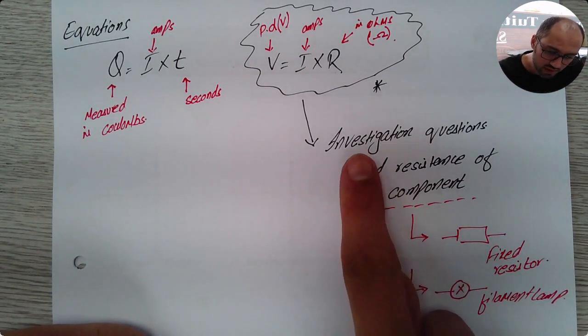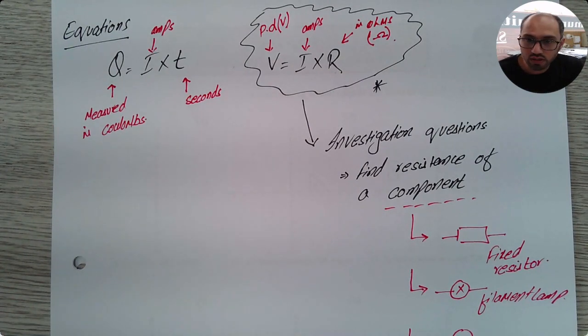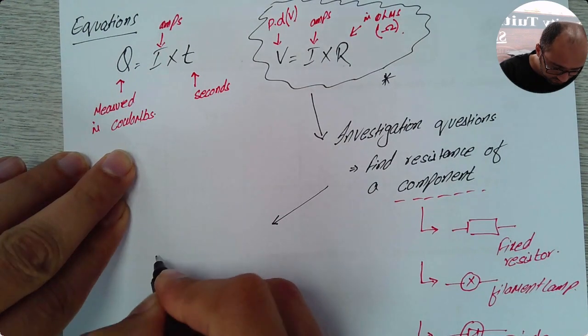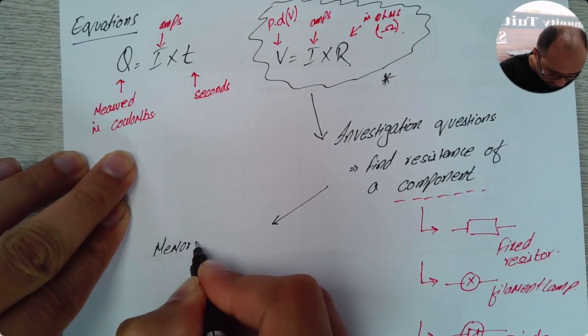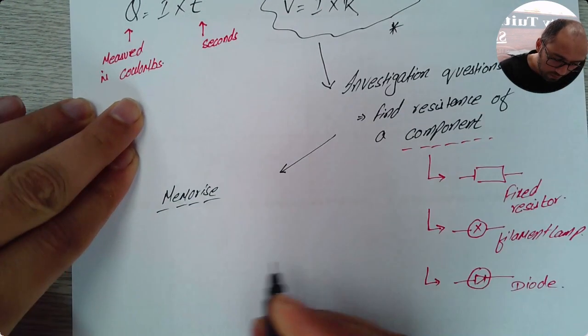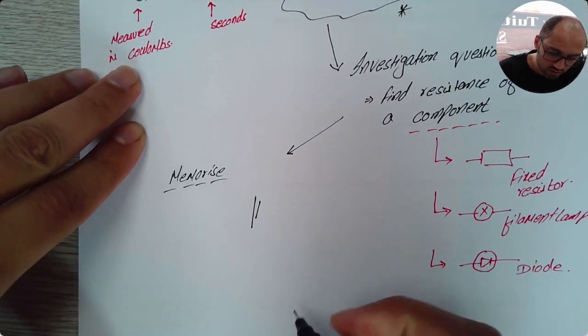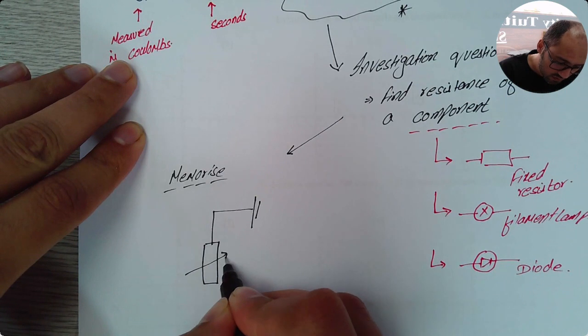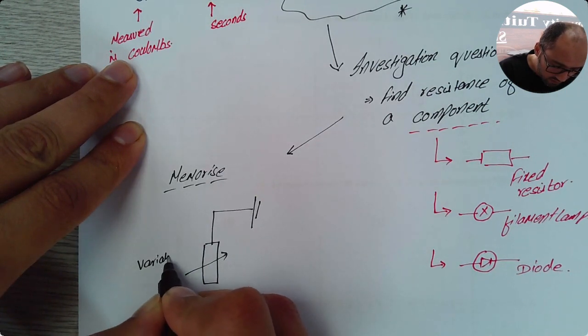So when you have to investigate resistance of a component, you'll have to memorize this circuit. This is my source of energy. This is my variable resistor.